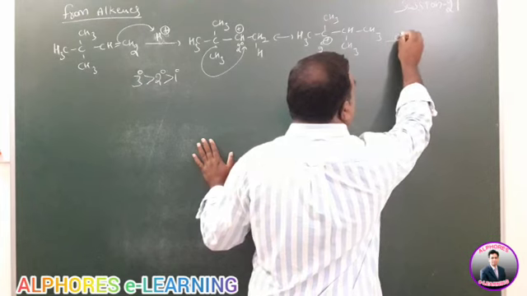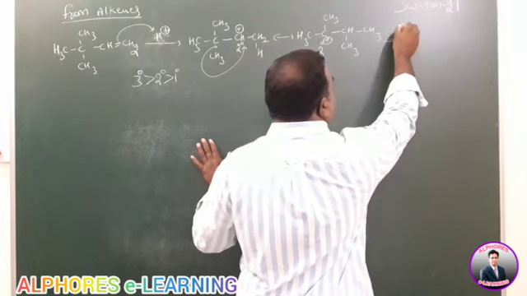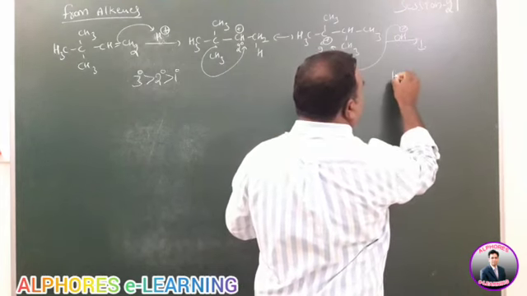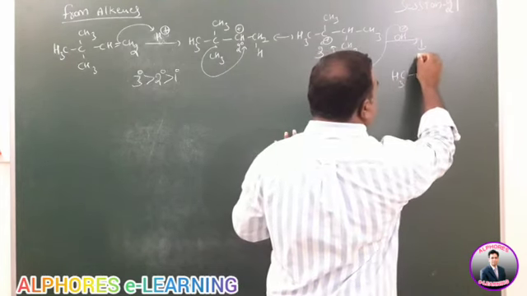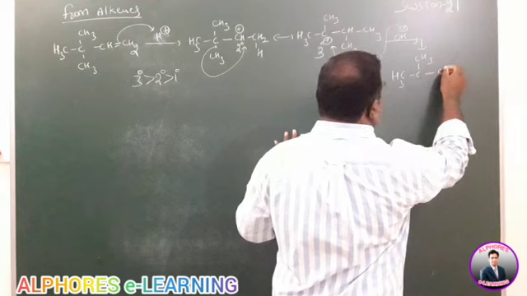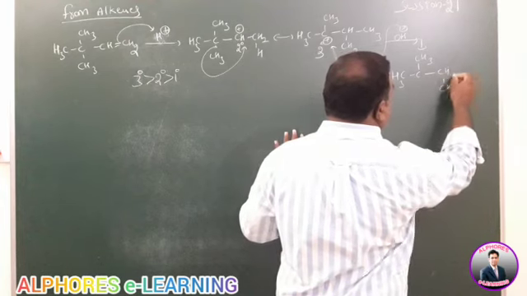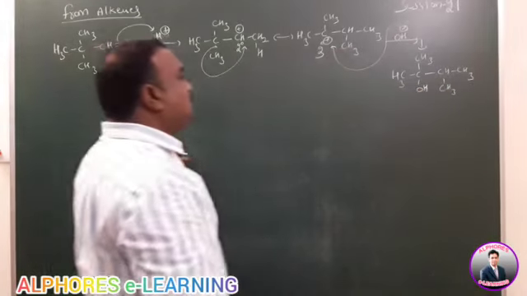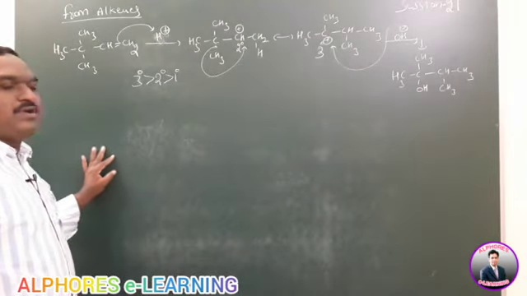If you apply the nucleophile, it attacks that tertiary carbon, then forms the product: CH3, again CH3, here CH3, again CH3OH. This is the way to write that final product.